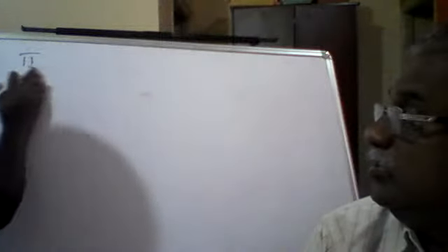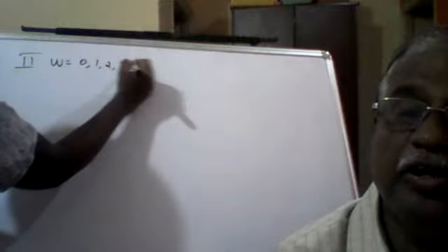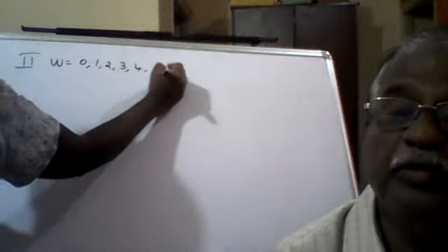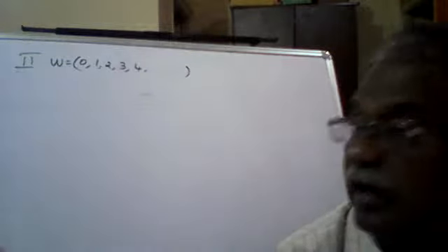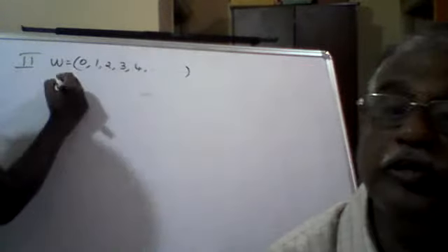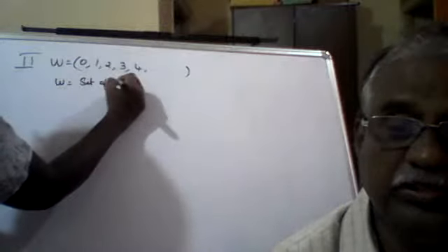Put Roman numeral 2 and write W. So capital W is equal to 0, 1, 2, 3, 4, dots. You must put it in a bracket. So you write W equal to set of whole numbers.